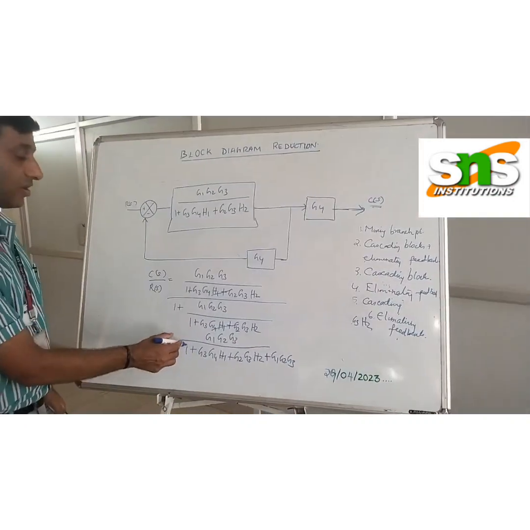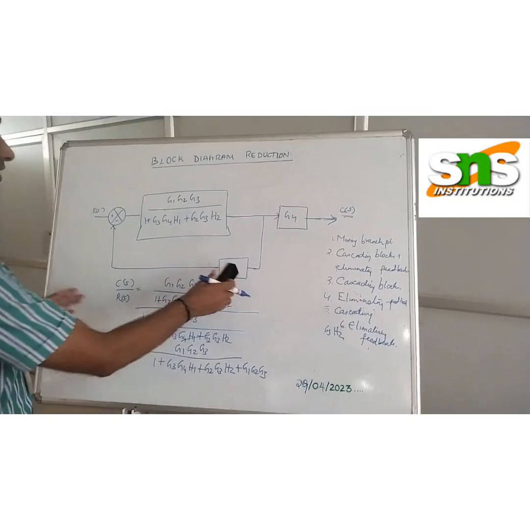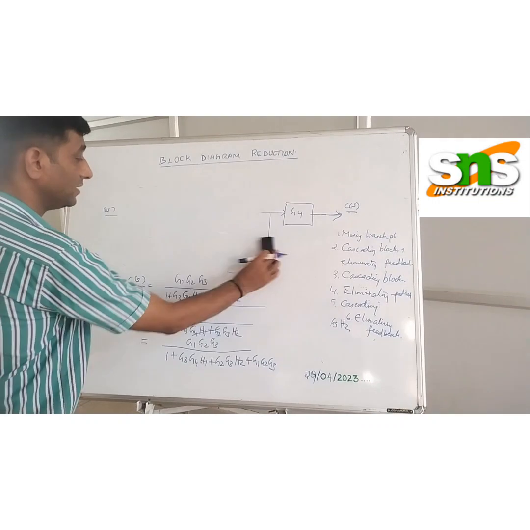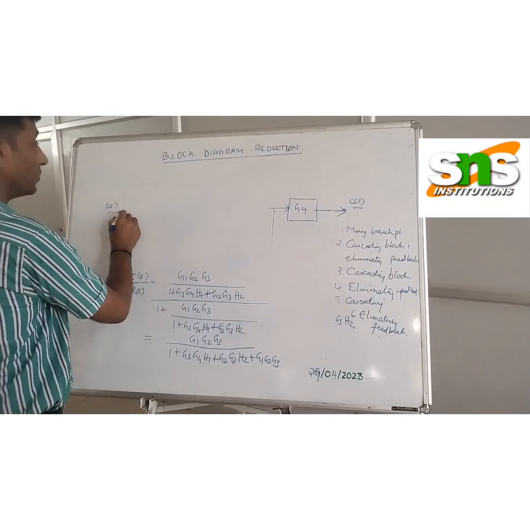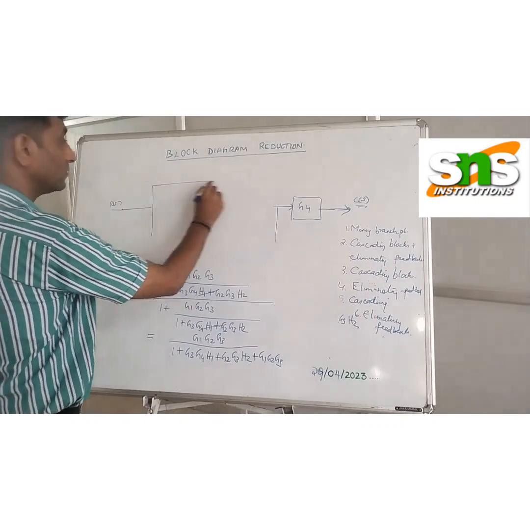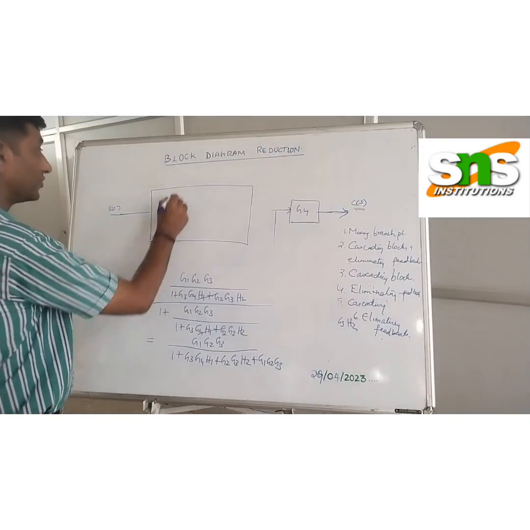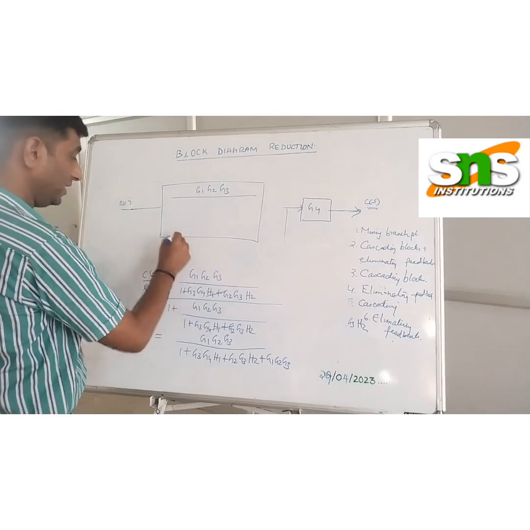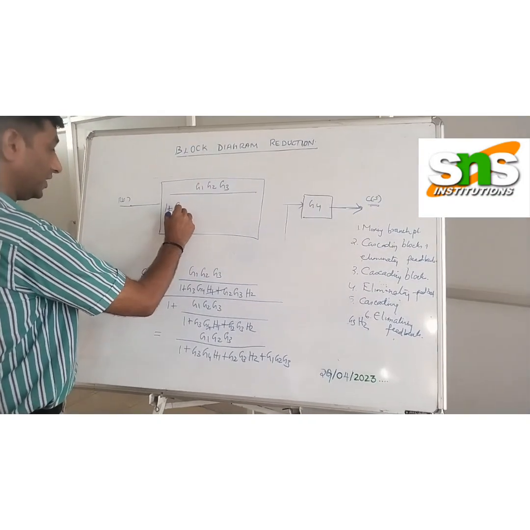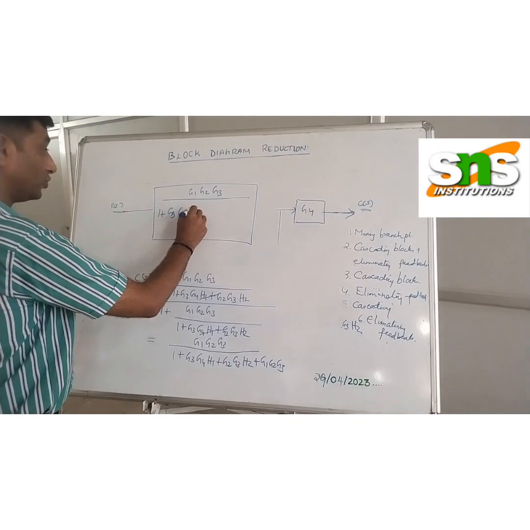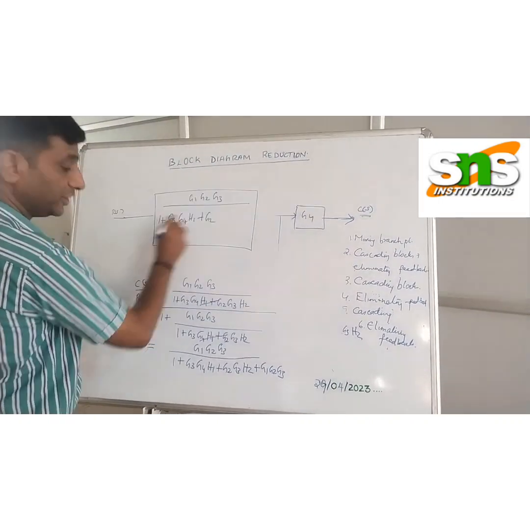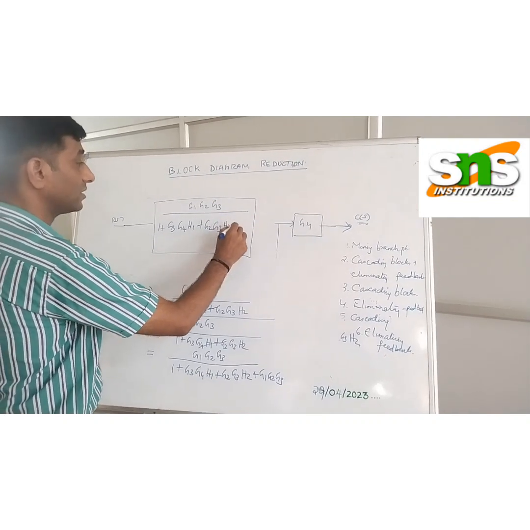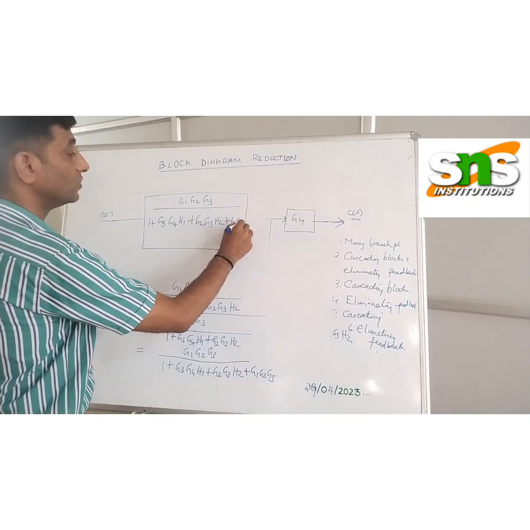So this is my C of S by R of S. So after eliminating this feedback, now my transfer function becomes G1, G2, G3 divided by 1 plus G3, G4, H1 plus G2, G3, H2 plus G1, G2, G3.